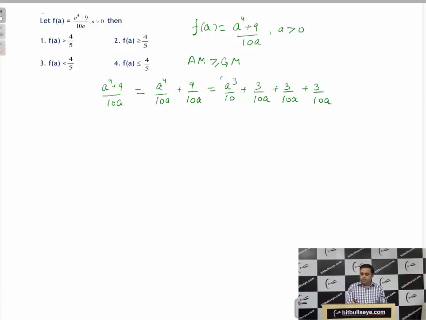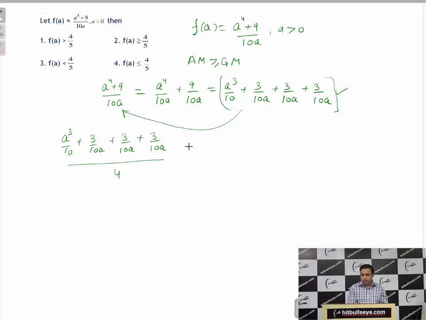Now I will apply the arithmetic mean greater than or equal to geometric mean inequality on this expression, as this expression is equal to the given one. So the arithmetic mean of all these terms will be equal to the sum of these terms, divided by 4, and this is greater than or equal to their geometric mean, which is the fourth root of their product.